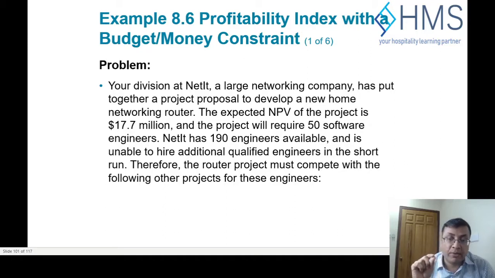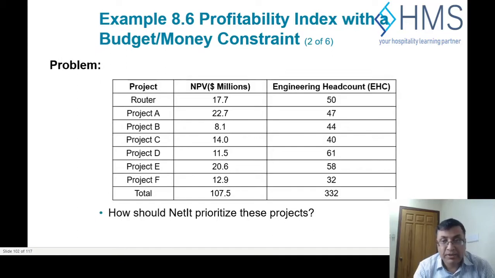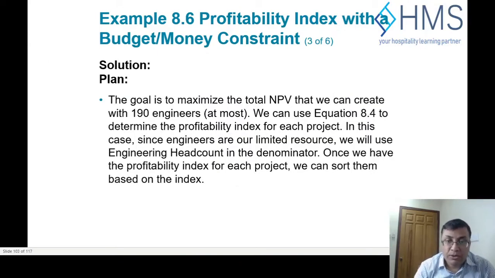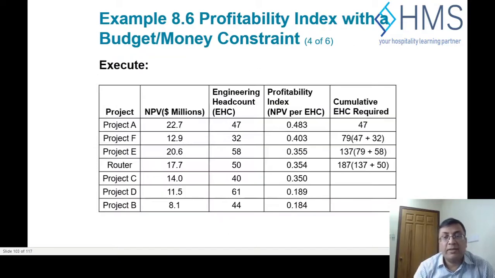Therefore, the router project must be completed along with the following four other projects using these engineers. So there are projects, router, project A, B, C, D, E, where the NPVs and the engineering headcounts are different. So in this case, again, what you will do is divide NPV by the resource allocation. So how much is the NPV per headcount? Once you do that, then you will be able to select the engineers.